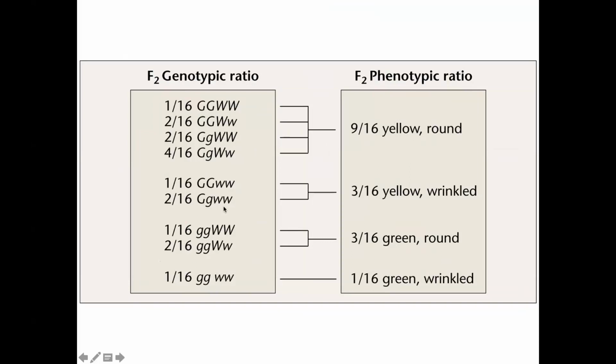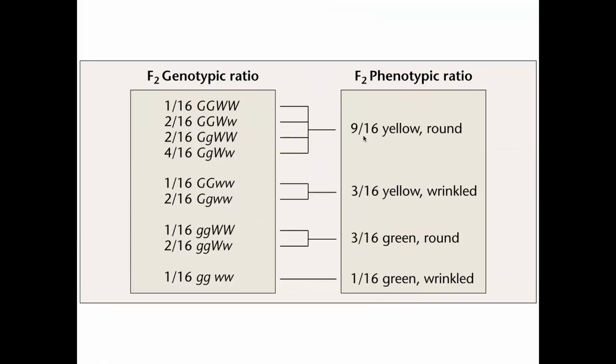These 2 genotypes will produce yellow wrinkled seeds. These 2 will produce green round seeds, and this 1 genotype will produce green and wrinkled. So overall, you predict a phenotypic segregation ratio of 9 to 3 to 3 to 1, which is exactly what Mendel observed in his dihybrid crosses.